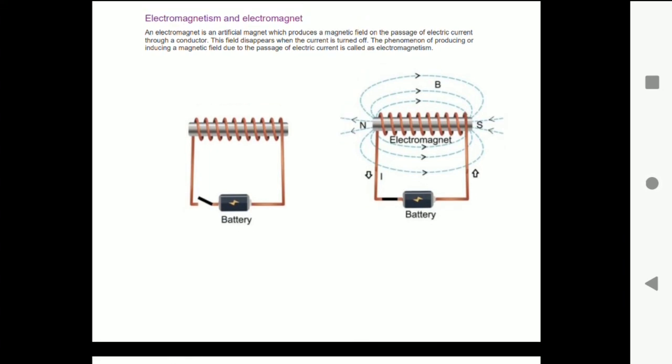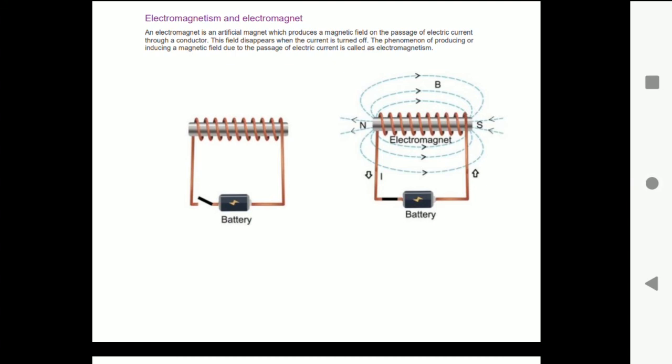Now let us see what is electromagnetism and what is an electromagnet. An electromagnet is an artificial magnet which produces a magnetic field on the passage of electric current through a conductor. There are two types of magnets, a natural magnet and an artificial magnet.